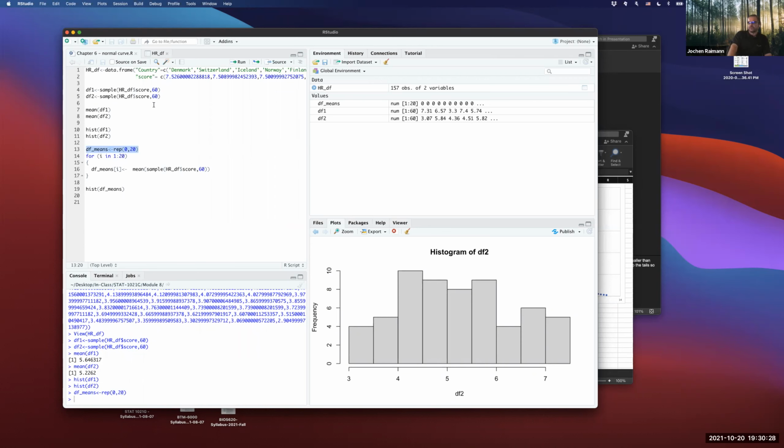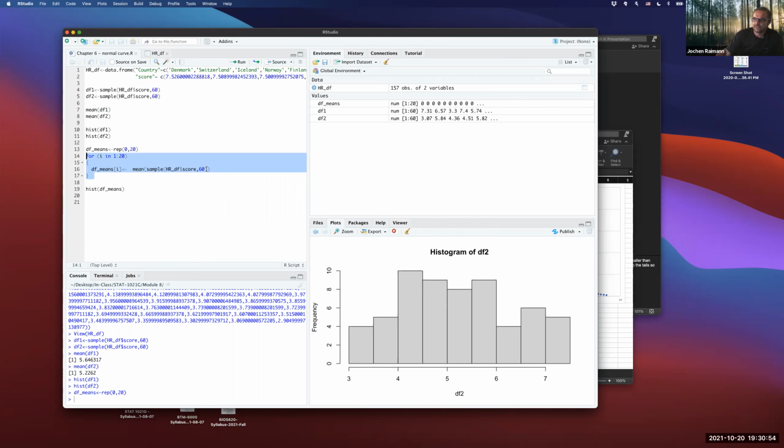What I'm doing now is I will repeat this code and draw 20 different samples, all of size 60. And I will build a data frame that contains 20 of these means.